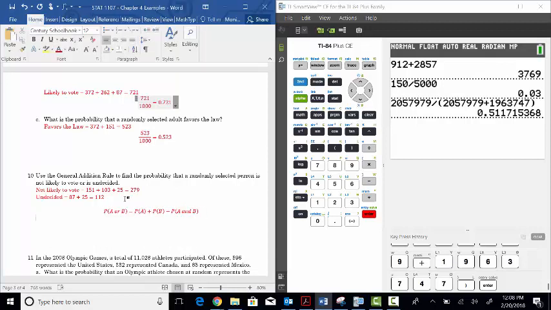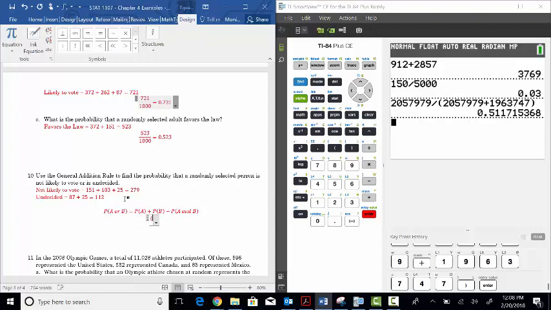In this case, we're looking at the probability of not likely or undecided. That would be the probability of not likely plus the probability of undecided minus the probability of both.